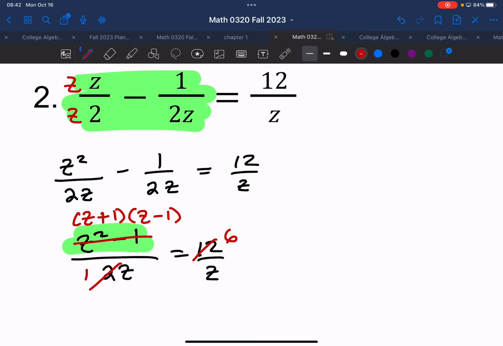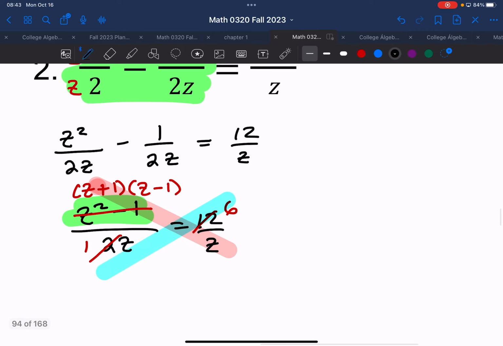So now, since I have a fraction equal to another fraction, I'm going to cross multiply. So that means I have z times z plus 1 times z minus 1, that's that pink diagonal, is equal to 6 times z. So 6z.